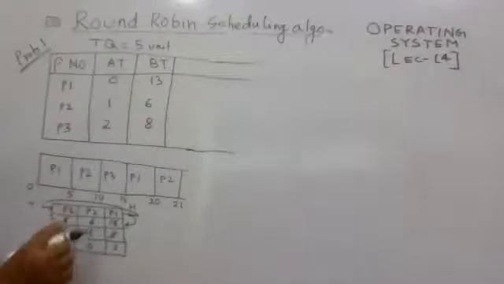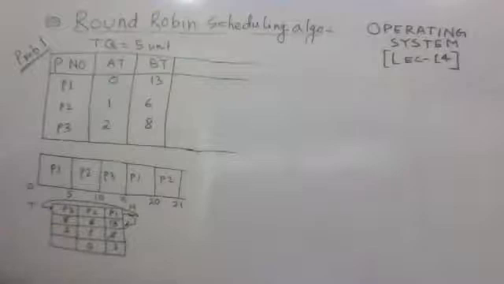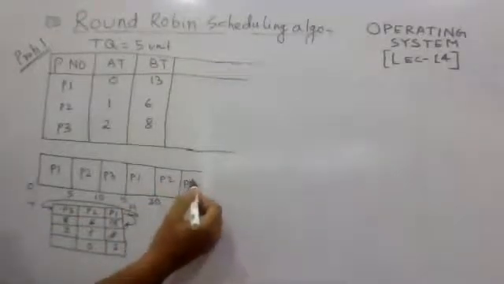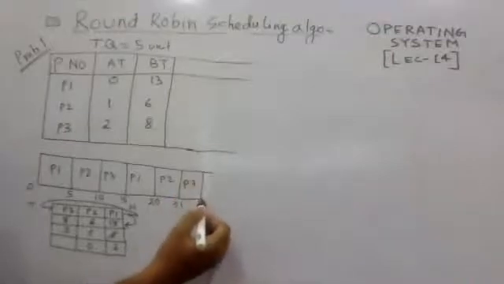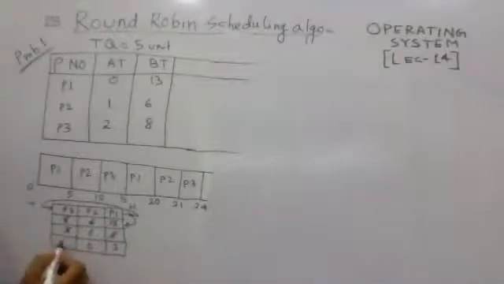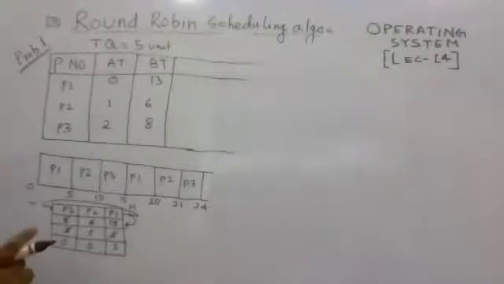Now for P3, the remaining time for P3 is 3. That's why we have to assign P3 for 3 time units. So it will be 24 and this is 0. P3 completed and terminated. So this is called the second cycle.